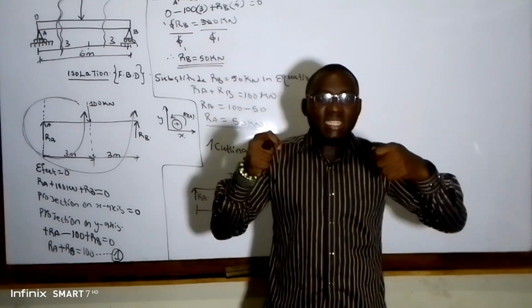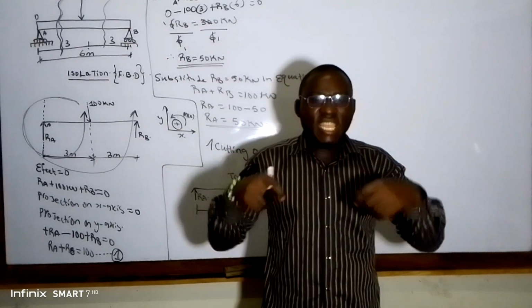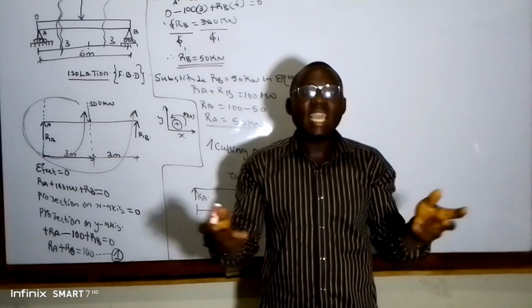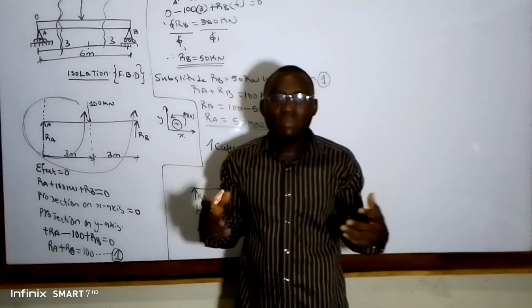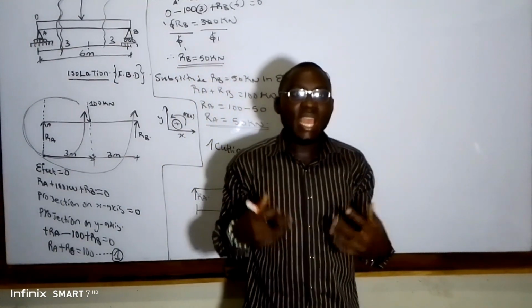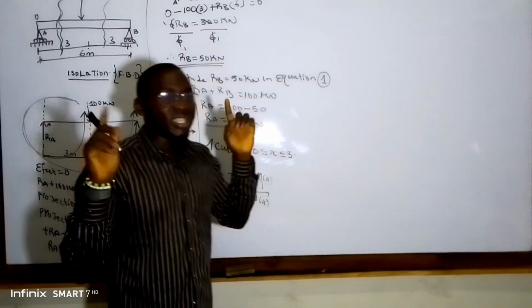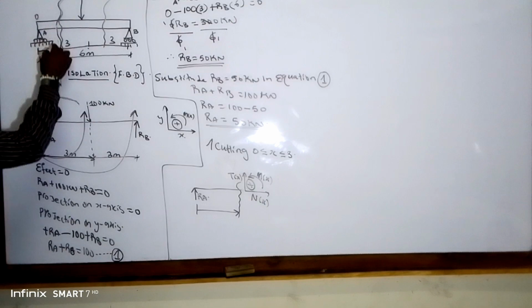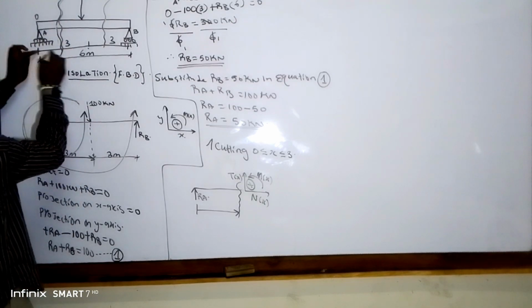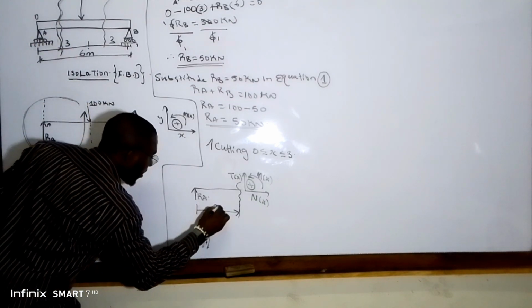So we name that distance we have cut an imaginary distance known as x. You can name it y, name it z, any letter of the alphabet, as long as you know what x, y, and z stand for. So guys, we have cut here, so we represent this imaginary distance to be x.